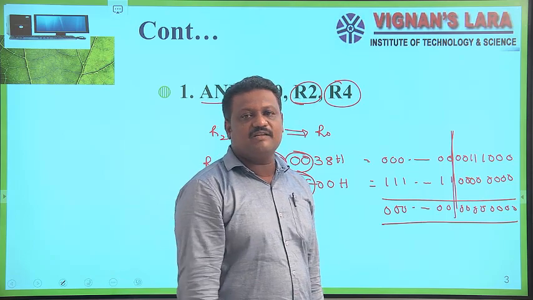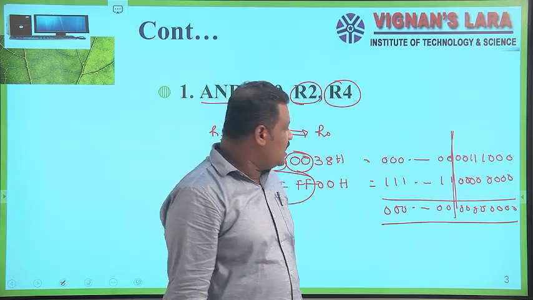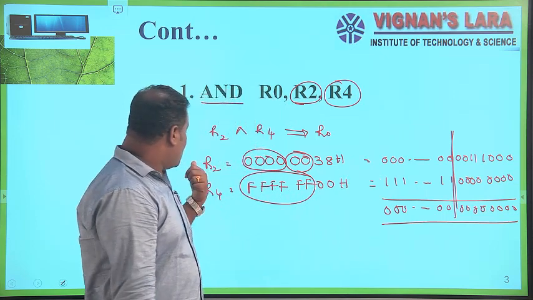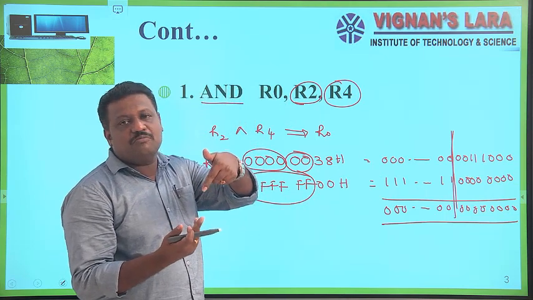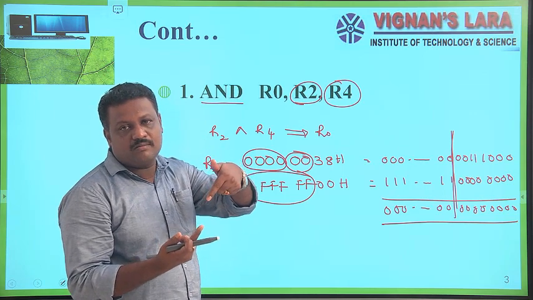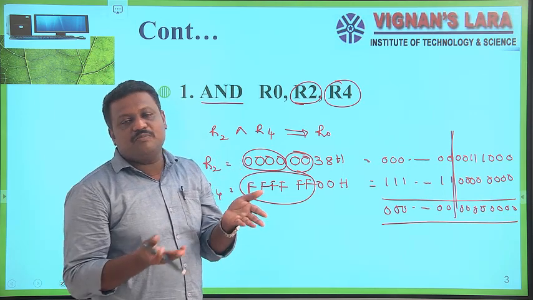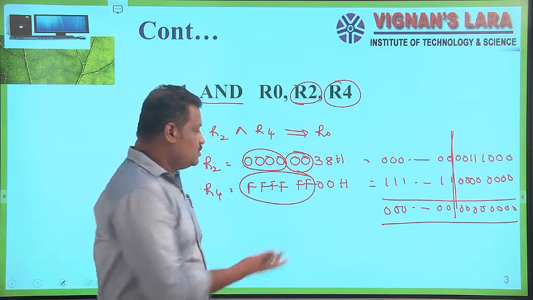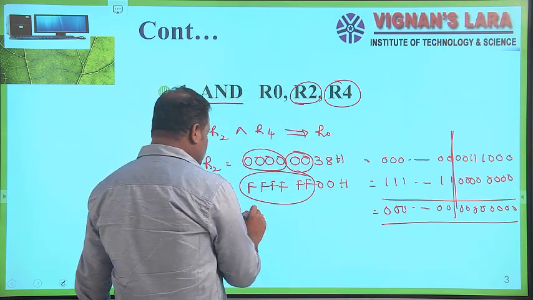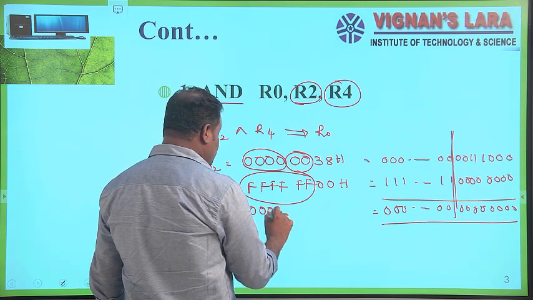For the remaining cases, the output is 0. So up to this point we get zeros, because one of the inputs is 0. For an AND gate, only when both inputs are 1 and 1 is the output 1. If you observe the inputs of both the R2 and R4 values, nowhere do we find both inputs are 1 and 1. If one input is 1, the other input is obviously 0. Because of that, the result is 0. So the final value is 00000000H.